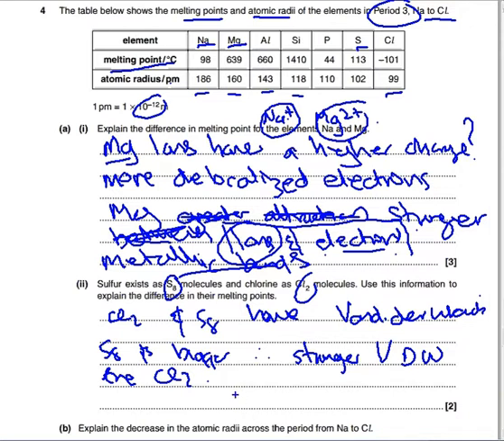And how many marks? I've got my 2 marks. That's fine. That'll do me. So if that makes sense, they're both little molecules compared to these massive structures of silicon and the metals. But S8 is bigger than chlorine, therefore it has stronger van der Waals forces.